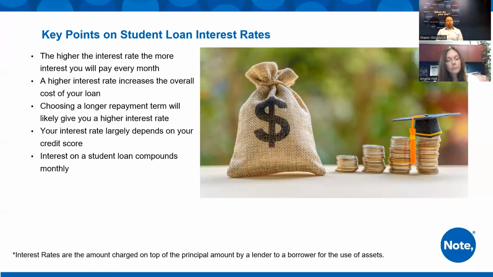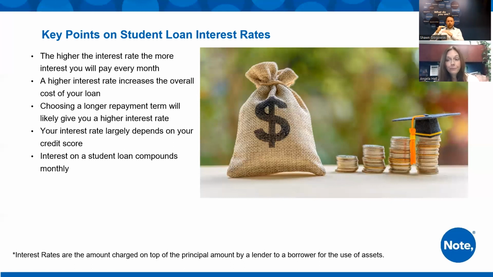On the repayment terms as well, to Angela's point, some student loan servicers will give you different time periods you can pay your loan back. And as Angela said, the longer you choose, the higher the interest rate. It's a little deceiving because your payment will come down.